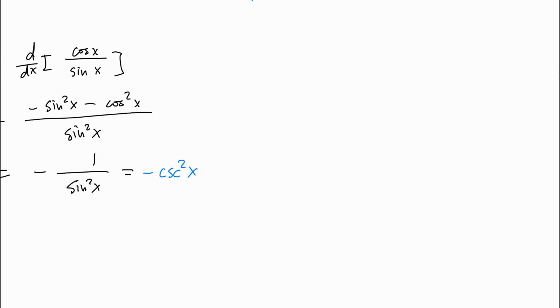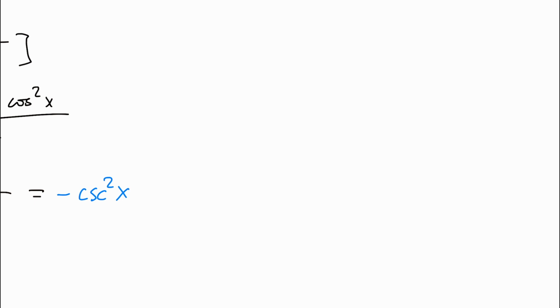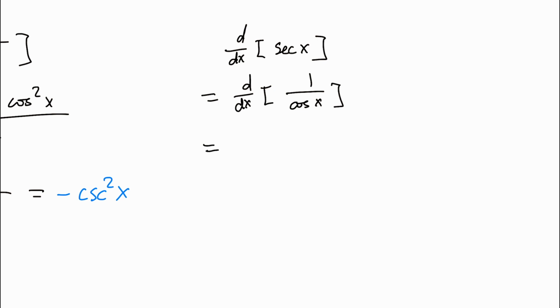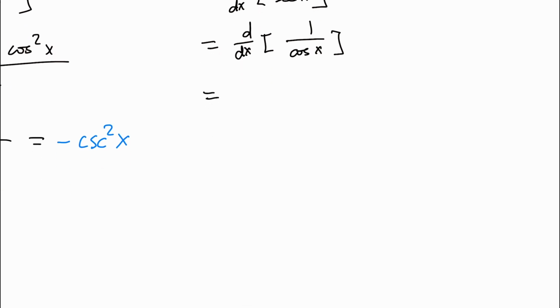And for our second derivative, we have the derivative with respect to x of secant x. We want to find that. And obviously, we can just simply use 1 over cosine of x over here. That's the simplest thing to do. And you can, again, use the quotient rule over here. We can just simply get it, because the numerator is just 1, so it's much easier to deal with.